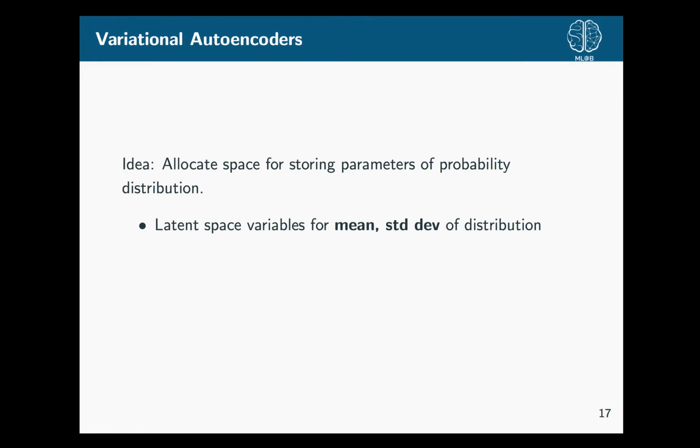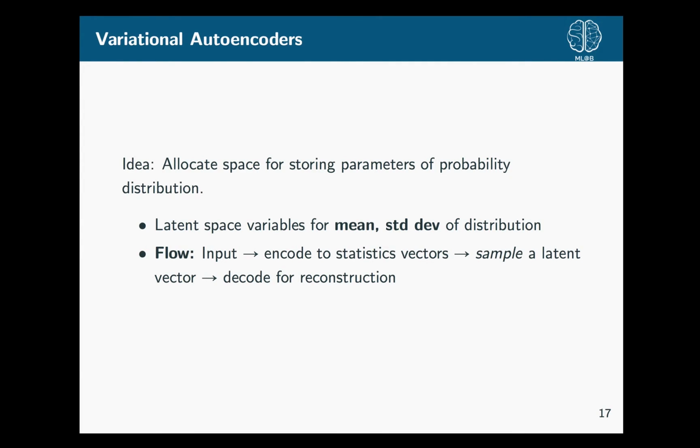So what you could do is have latent space variables explicitly encode a mean and a standard deviation of a probability distribution. Then when you put in an input, you encode it to these statistics vectors of means and standard deviations. And given that, you just sample from that distribution, and then you decode for reconstruction.